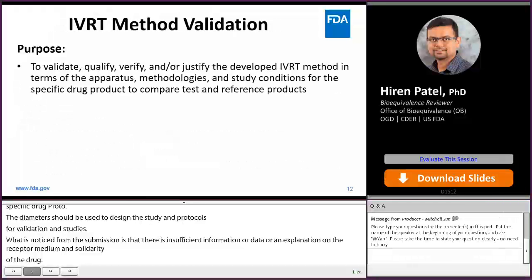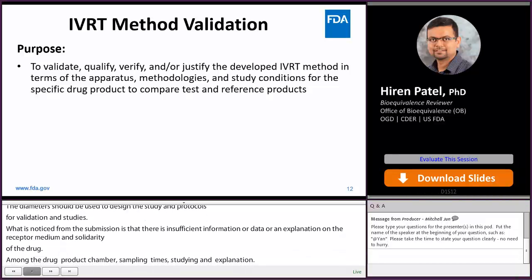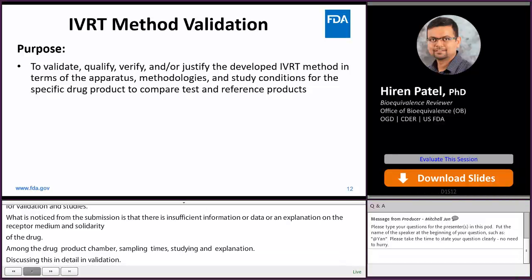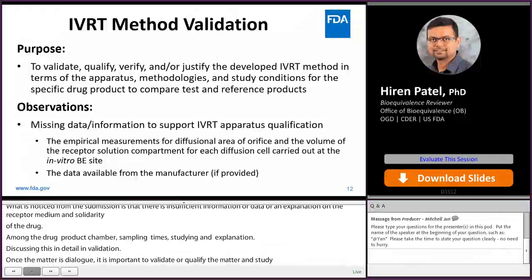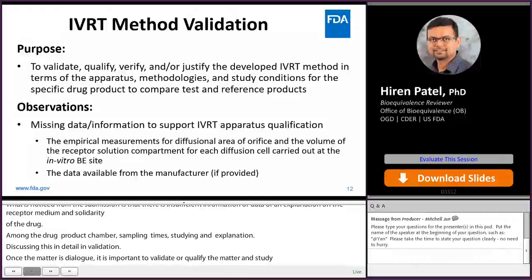Once the method is developed, it is important to validate or qualify the method in terms of apparatus, methodologies, and study conditions for the specific drug product to compare the test and reference products in pivotal studies. What is observed from the submissions is that there are missing data or information to support IVRT apparatus qualification.